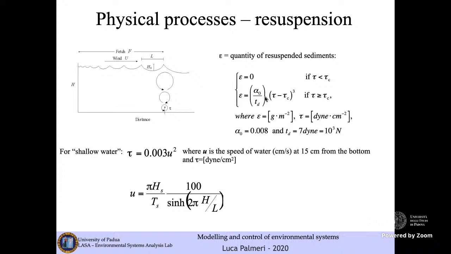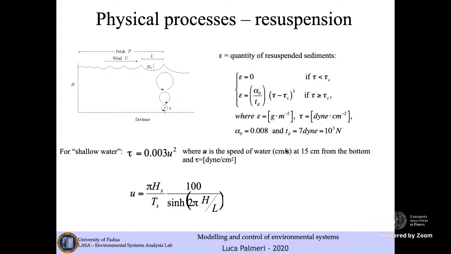The values of the coefficients are, for example, 0.008 for the alpha coefficient and 10 to the cubic for the other coefficient.